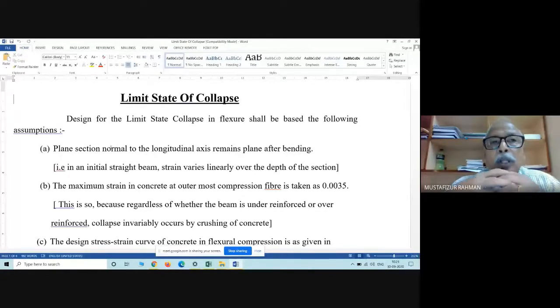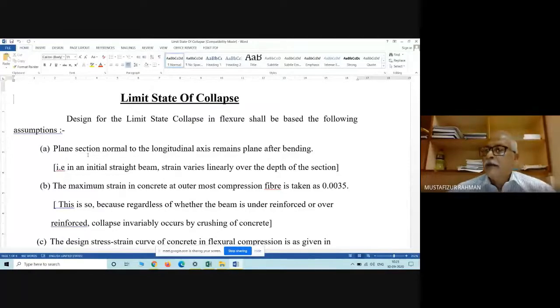So if load is acting parallel to the y-axis, think about when you studied in strength of materials or structural mechanics one, bending moment and shear force. The load is acting vertically, and because of this load on the beam, two important forces arise.